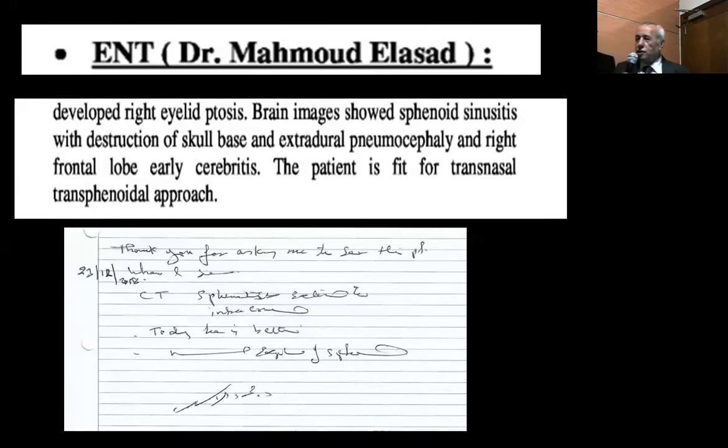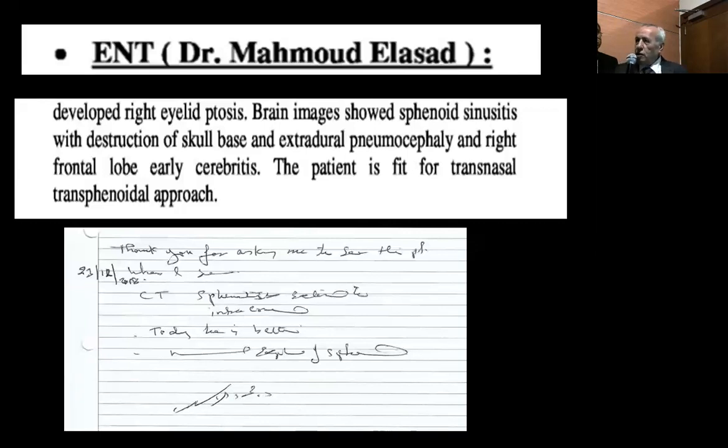There are two things I want to add, not about this patient, but in general. First of all, the solitary sphenoid sinus is rare, but as part of pansinusitis it is very common. And all the complications which can happen to the isolated sphenoidal sinus can happen in pansinusitis.